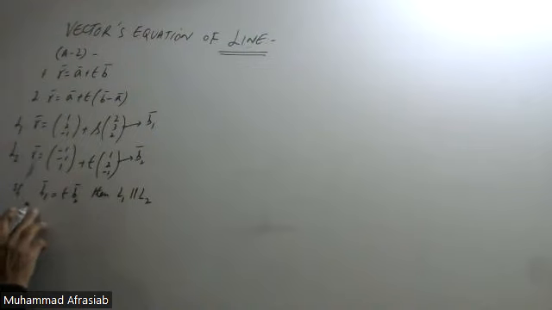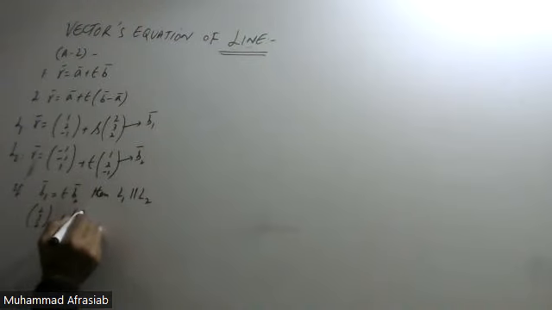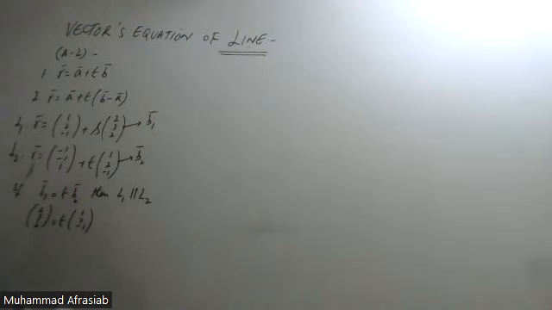Here b1 is equal to (2, 3, 2) and t times (1, 2, -1), and we see that (2, 3, 2) is equal to (t, 2t, -t). So if we equate these, the first one gives t equal to 2.